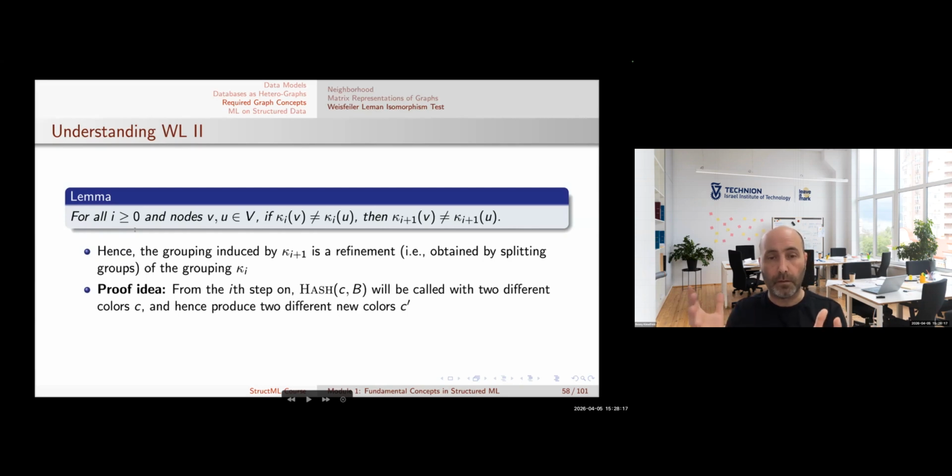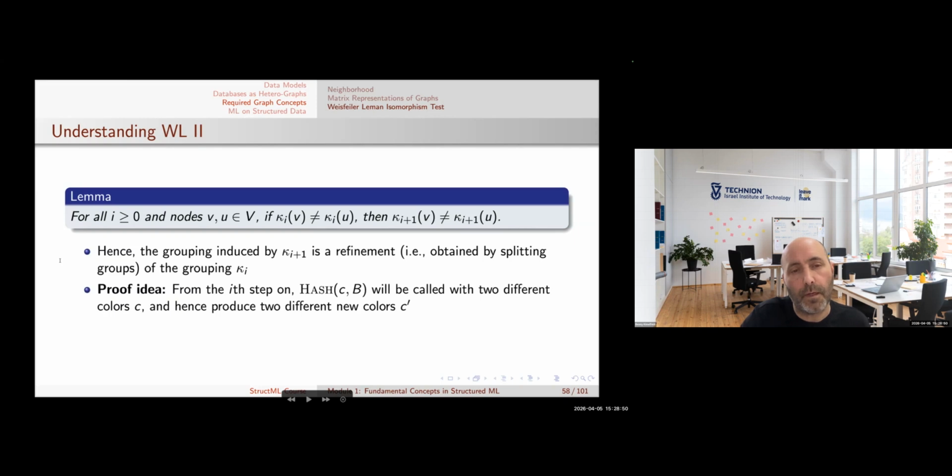It cannot recreate groups by joining things that were not together previously. And this is very obvious from the way that this hash function goes, because if you give the hash function two different colors C, then it will produce two new different colors in their output. Okay, because as we said, this hash function is injective, and that's the idea.